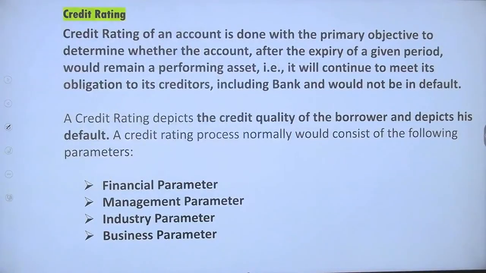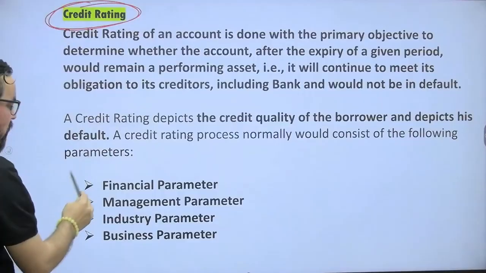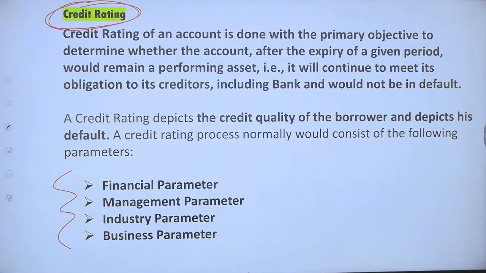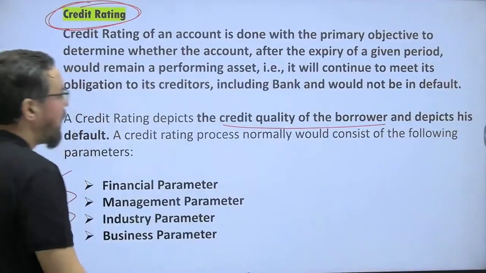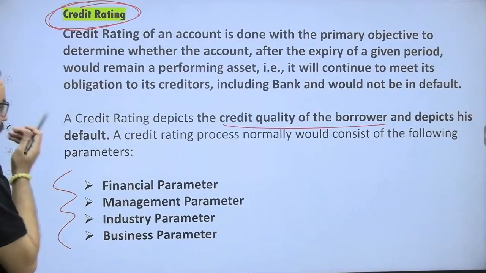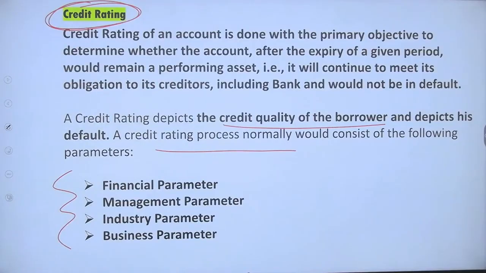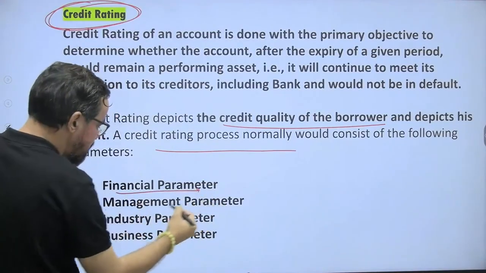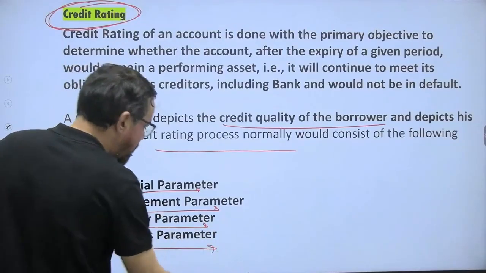Now credit ratings. We have discussed this earlier also, so we'll quickly go through it. A credit rating assesses the credit quality of the borrowers and predicts their default. A credit rating process normally consists of the following parameters: financial parameters, management parameters, industry parameters, and business parameters.